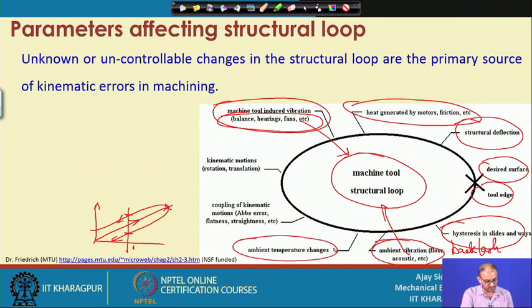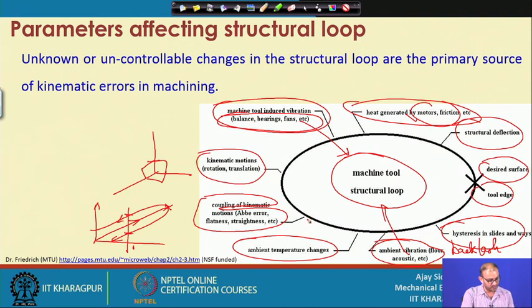Temperature change, ambient temperature: even if you control the friction heat and motor heat, if you have an ambient temperature change, meaning variation in the climate where the machine is installed, then again the structure loop will be affected. Coupling, kinematic motion, flatness and straightness errors: the axes should be perpendicular to each other, and if that is not the case, you end up with some type of structural loop deformation.